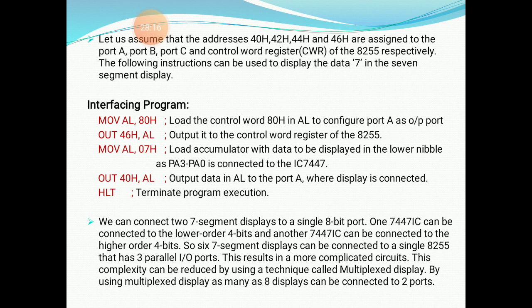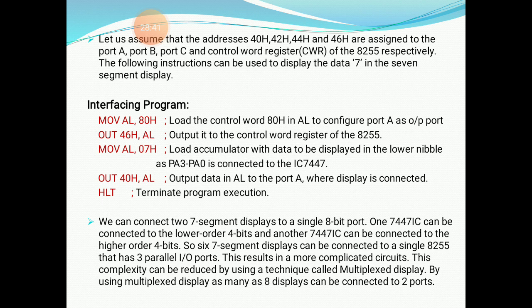What is the control word for this application? Here the port A is used as output port. Only port A 4 lines carry the BCD number, that is PA0 to PA3. Remaining ports, port B and port C, are not used in this application. By default, port B and port C are used as output ports.